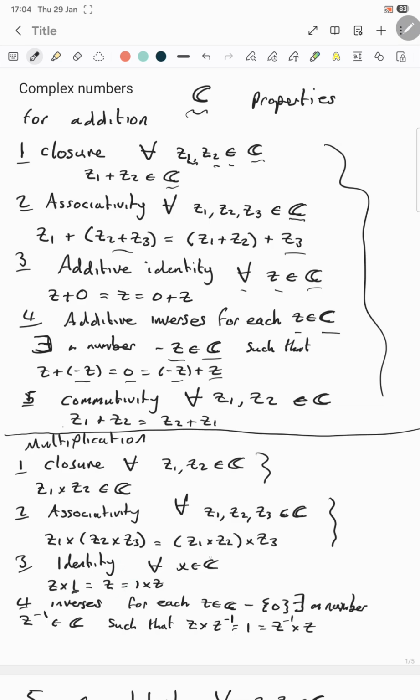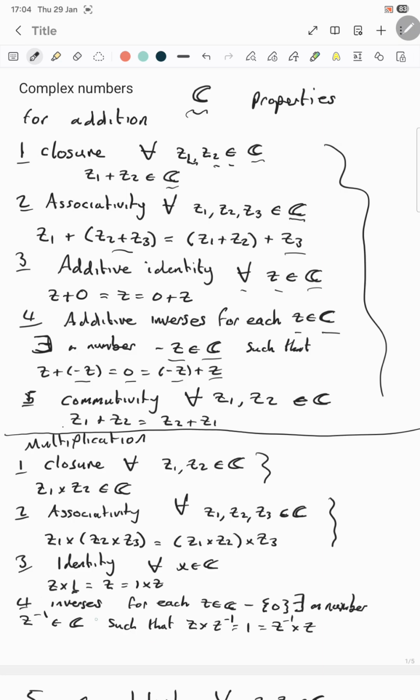So our identity for all Z contained in C is Z multiplied by 1 equals Z equals 1 multiplied by Z. I wrote X there, I shouldn't have really put that.